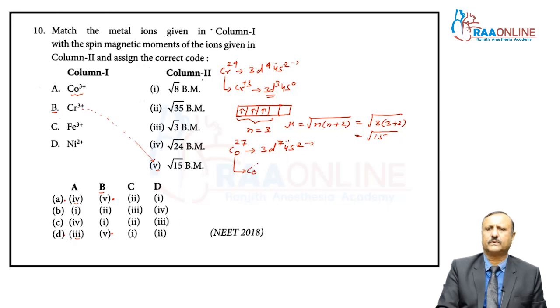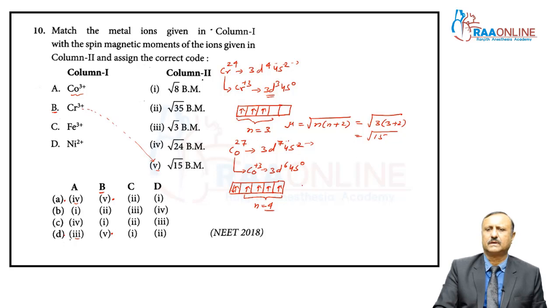So for cobalt plus 3, 3d6 4s0 is present. Here 6 electrons are present in the d orbitals, so the number of unpaired electrons n is equal to 4.